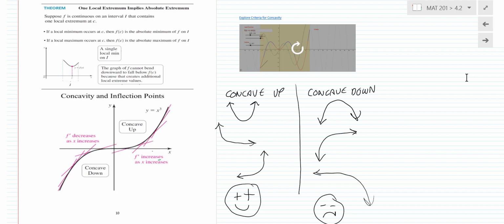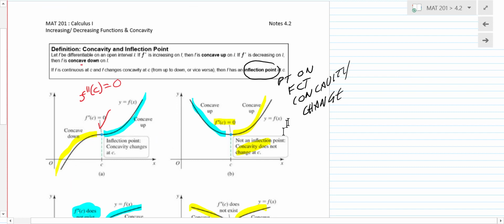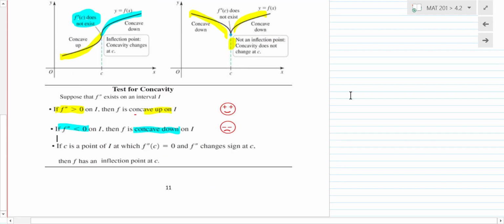I'll show you one thing to help you remember this. This is what you want to use until you get this a little better in your mind. These little diagrams tell you a lot. If you're concave up, I always tell students to just refer to this smiley face.